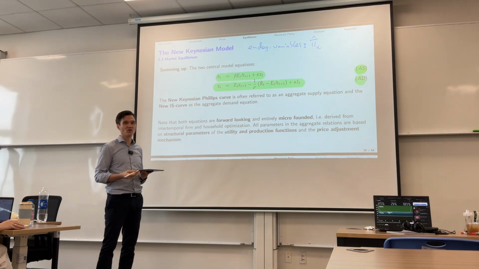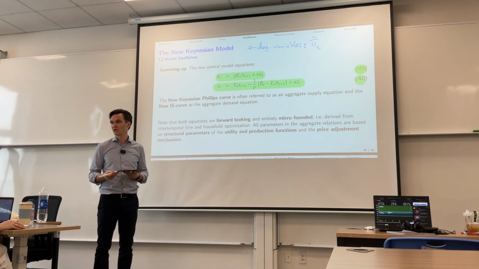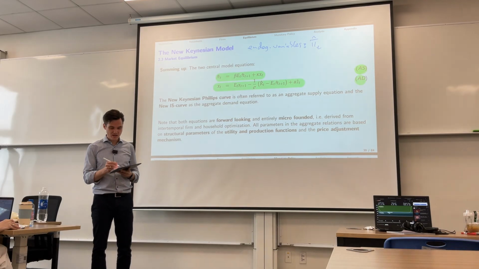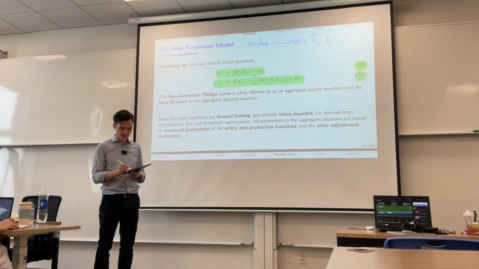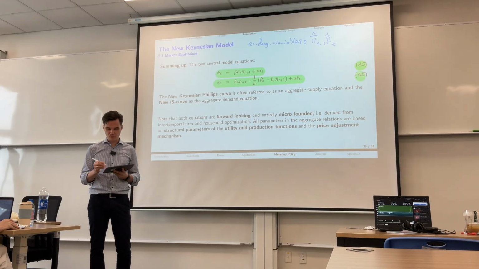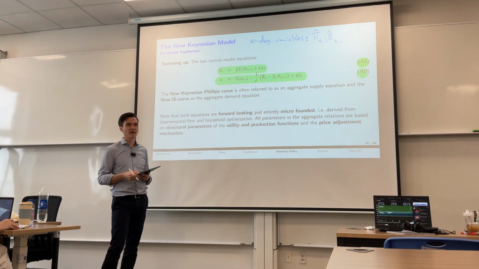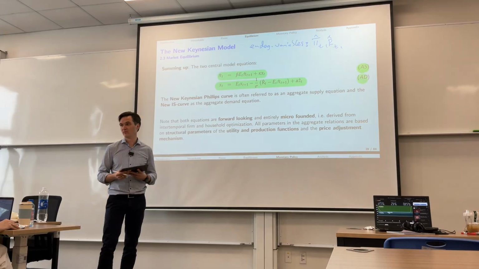What other endogenous variables do we have? The nominal interest rate. R_t is also going to move around in response to shocks. Perfect. Anybody else want to give a try? What else do we have here in terms of an endogenous variable?